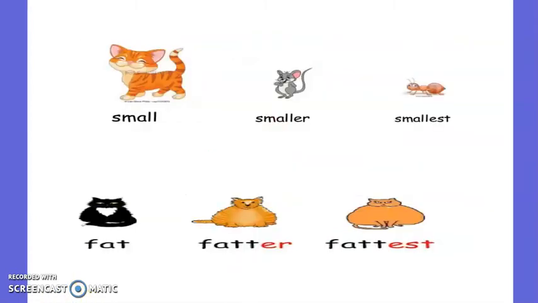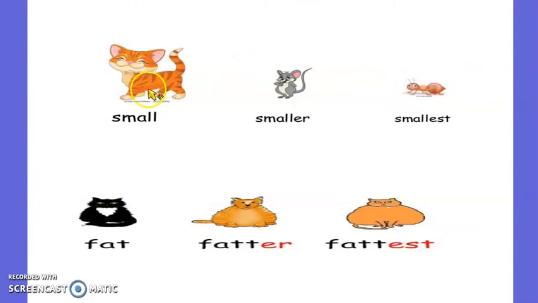Okay. Here we have other examples about the comparative and the superlative. Here we have the cat, the rabbit, and the ant. The cat is small. The rabbit is smaller. The ant is the smallest, هي أصغر واحدة فيهم.